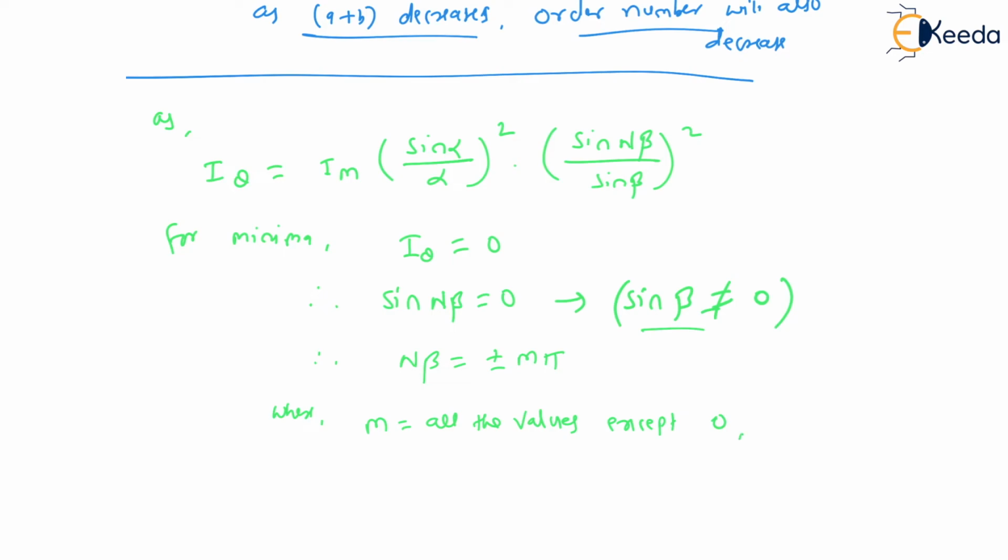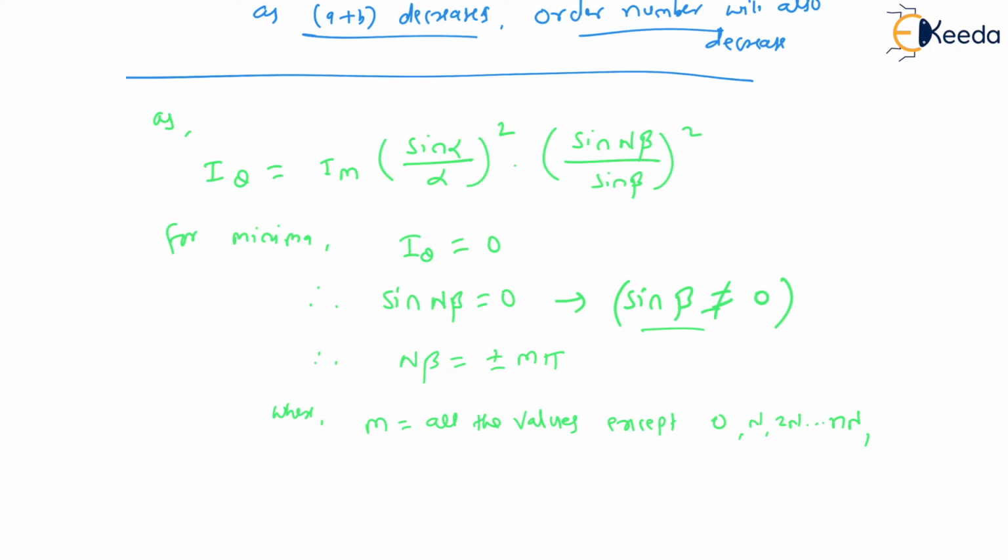Similarly, it will not take values like n or 2n, and so on up to small n into capital N, because for all these values of m, that will be the condition of central maxima.